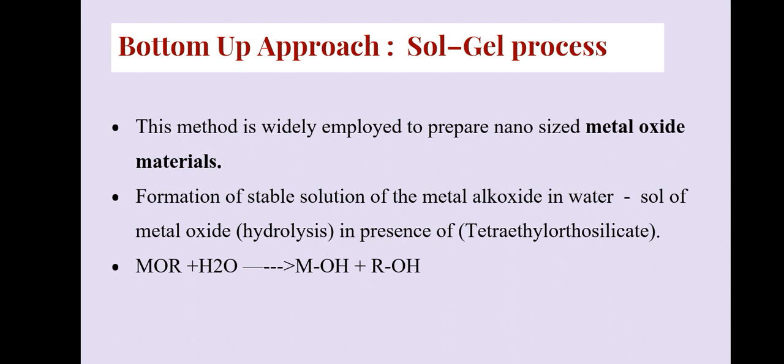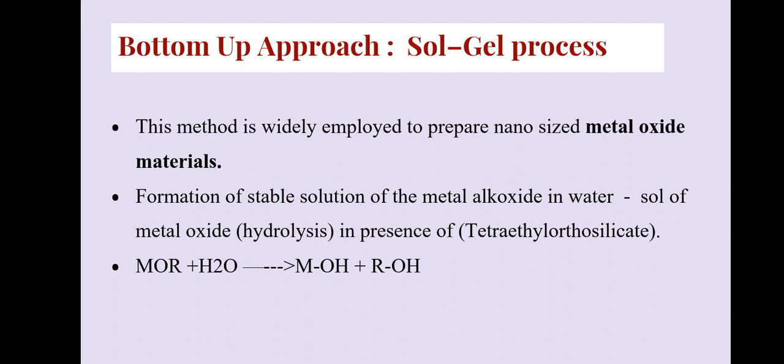Therefore, the sol gel process is a wet chemical technique, also known as chemical solution deposition, and involves several steps in the following chronological order. The first step is hydrolysis, then polycondensation, gelation, aging, drying, calcination, crystallization, etc.